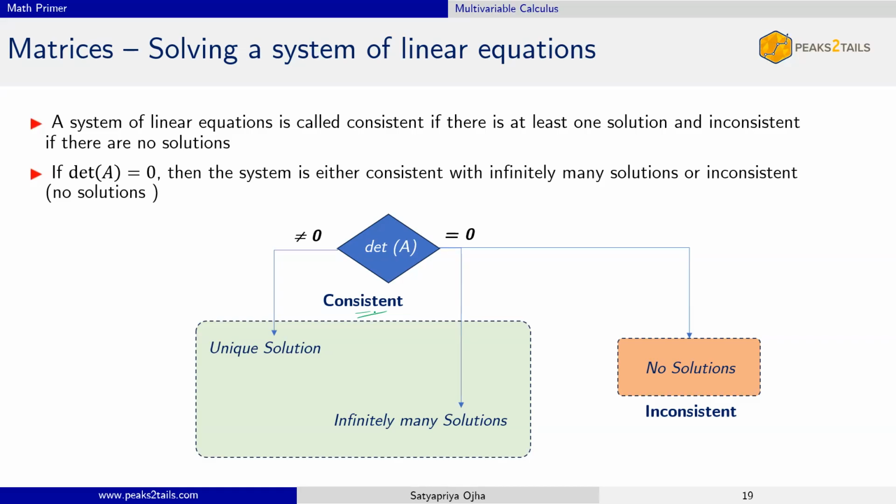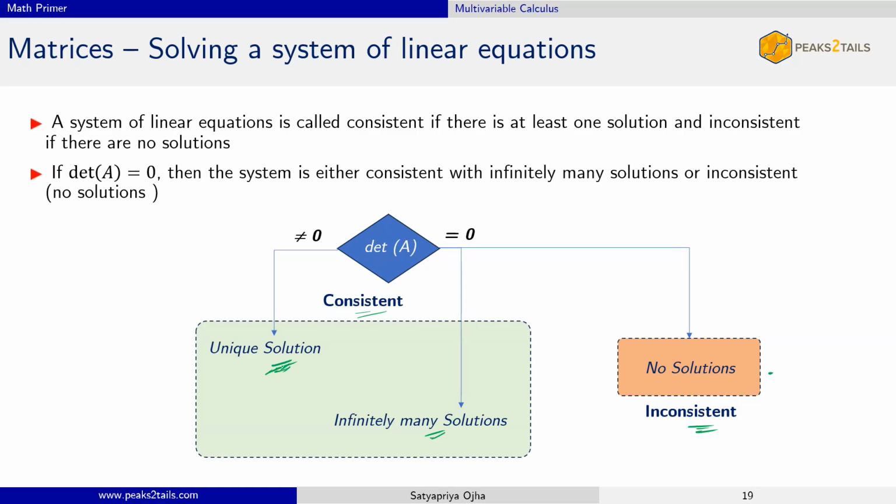If there are no solutions possible, not even a single solution, it's called inconsistent. Now, within consistent, there are two possibilities: a unique solution or infinitely many solutions. Both are within consistent. Remember, at least one solution means consistent.